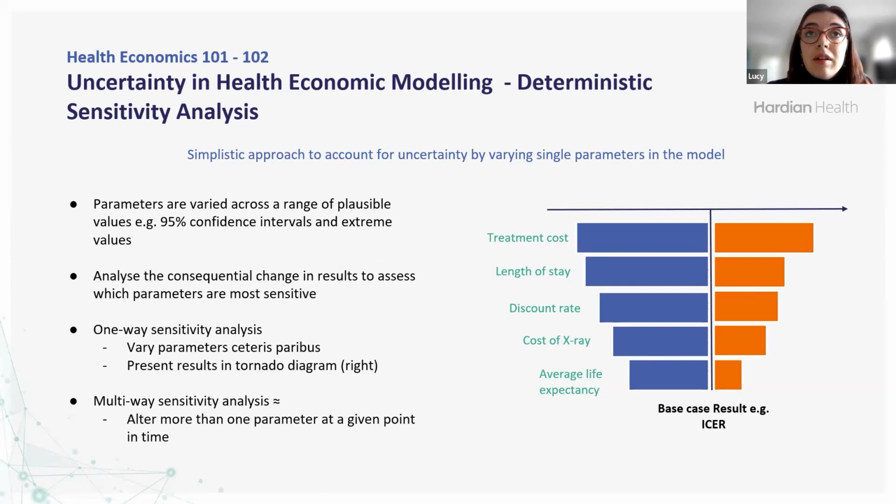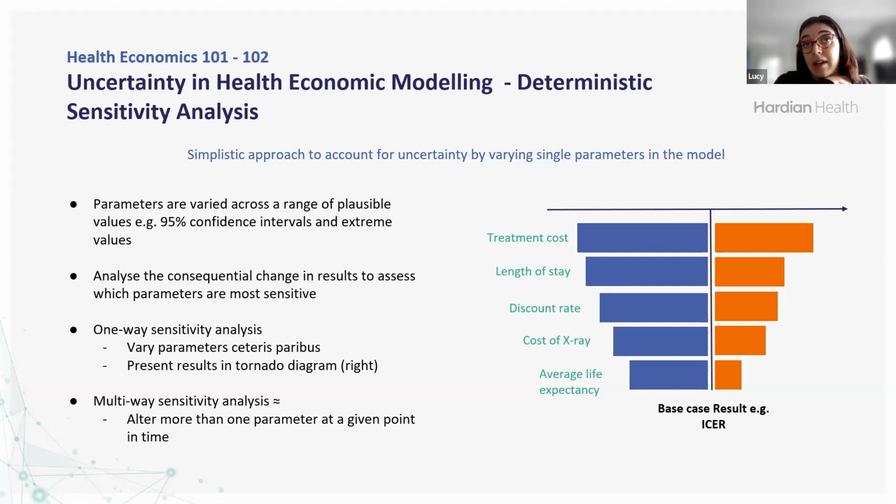It can be, for instance, a 95% confidence interval, and you assess the impact on results, for example, your incremental cost effectiveness ratio.